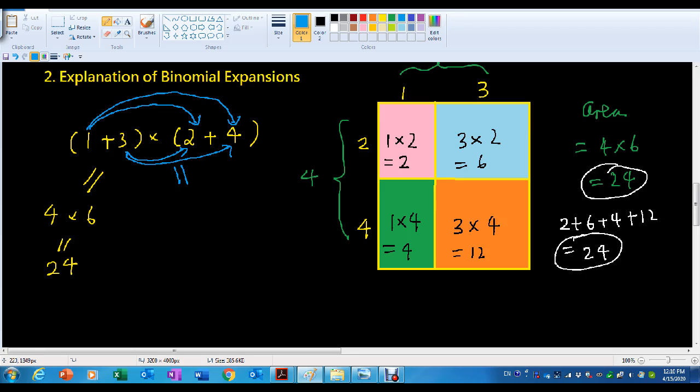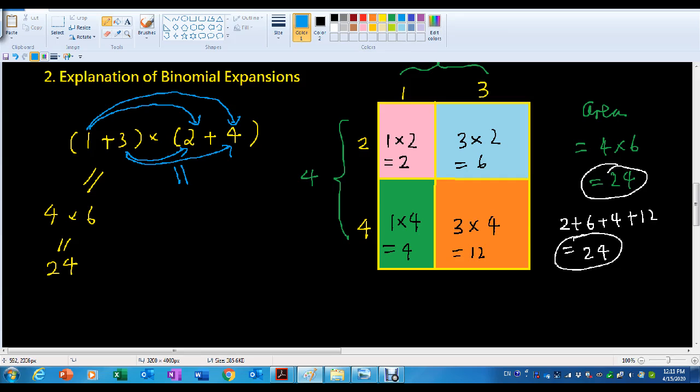You just make sure each term in the first bracket is multiplied by all the terms in the second bracket. Let me repeat that because that's really important. You make sure you multiply each term in the first bracket with all the terms in the second bracket. There are 2 terms in the first bracket, 2 terms in the second bracket, so that should be 4 multiplications, right? Just like the area here, there are 4 parts of the area.